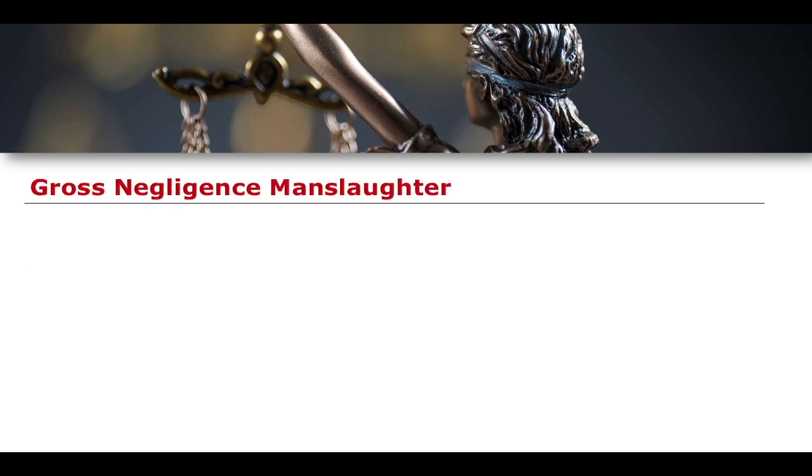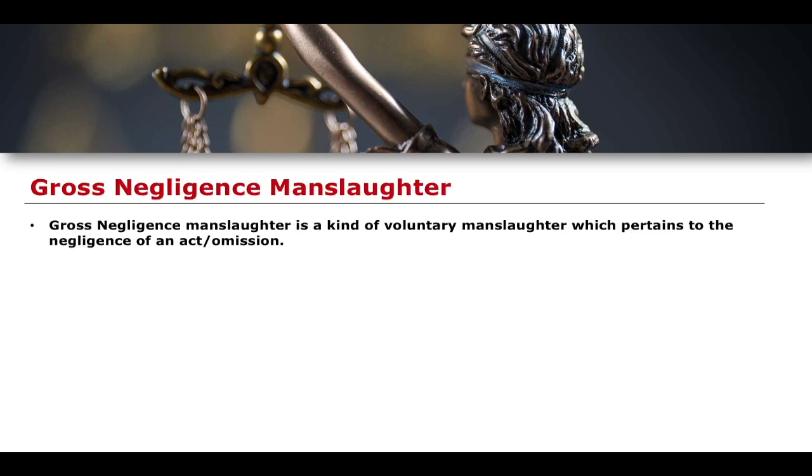Gross negligence manslaughter is a kind of voluntary manslaughter, or an involuntary manslaughter, should I say, which pertains specifically to the negligence of an act or an omission. And with that in mind, you should be able to make some comparisons, at least in terms of the components of negligence, from your studies in the law of tort.